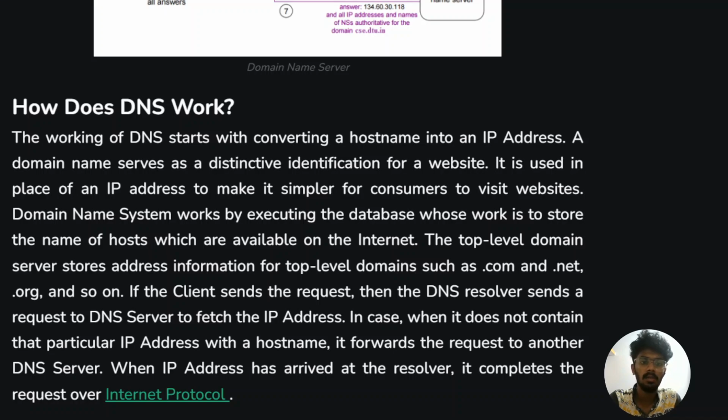The top level domain servers store address information for top level domains such as .com, .net, .org, and so on. If the client sends the request, then the DNS resolver sends a request to DNS servers to fetch the IP address. In case it does not contain the particular IP address for the hostname, it forwards a request to another DNS server. When the IP address has arrived at the resolver, it completes the request over Internet Protocol.